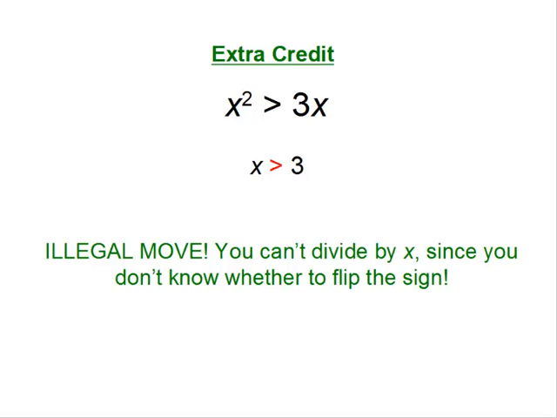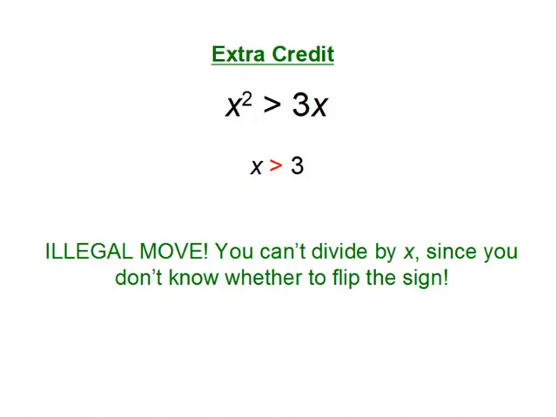And in fact, here, one way to see that this is wrong is to look at negative numbers. So plug in a negative x. When you do that in the original equation, you get a positive number. Negative squared is always positive. But 3 times a negative x is going to be negative. And a positive is always larger than a negative.